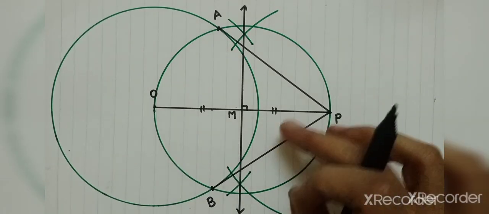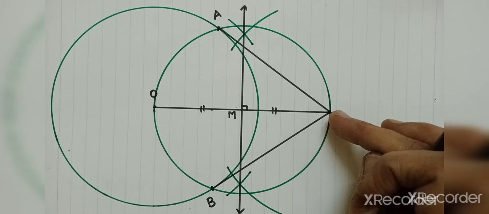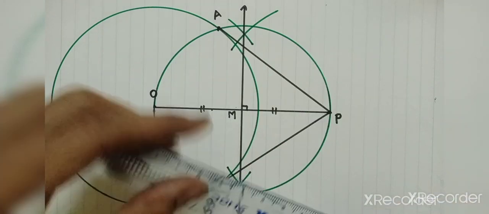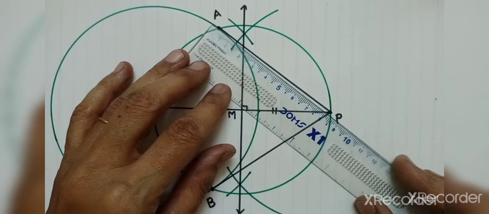So what are these two lengths? They are the tangents drawn from an exterior point to the circle. And we know the tangents drawn from an exterior point to the circle are equal in length. You can verify that. So let us measure the length of these tangent segments.